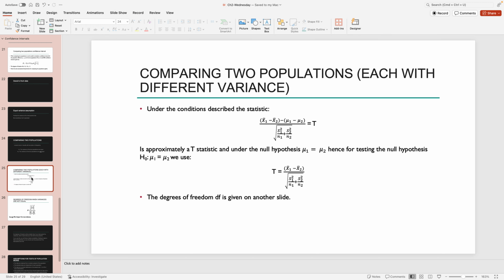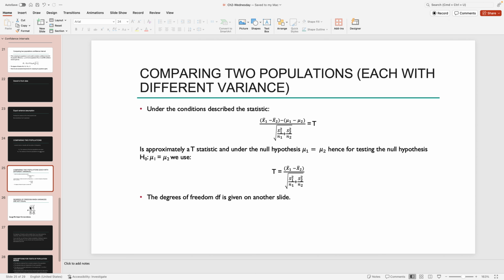The only thing that's different here is how you calculate the variation of the difference, which is given by this formula when you cannot pool it. This simplifies, of course, under the null hypothesis to just this statistic, and a large value of the t-statistic indicates that the mean of population 1 is bigger than population 2, indicating the alternative is true.